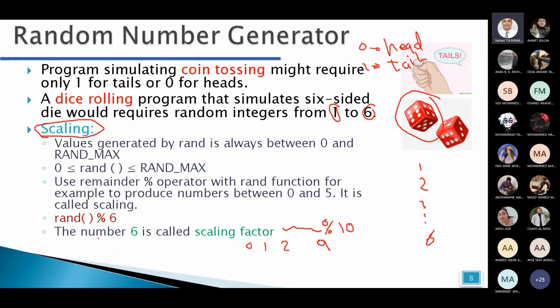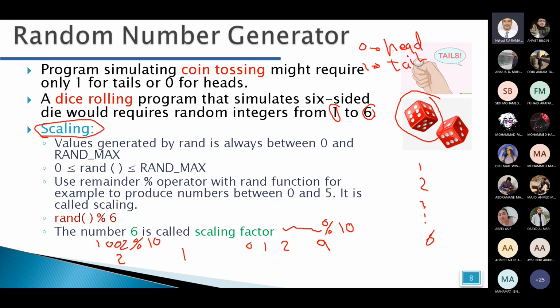For example, 1002 mod 10. What's the result? 2. Mod 10 means the remainder by 10. When you divide by 10, what's the remainder value?